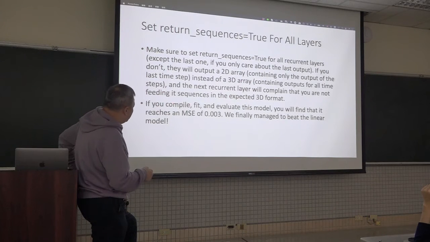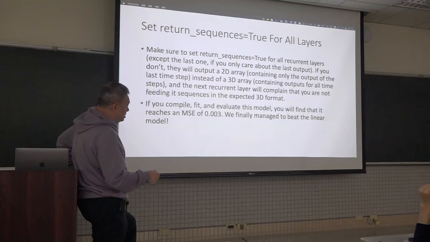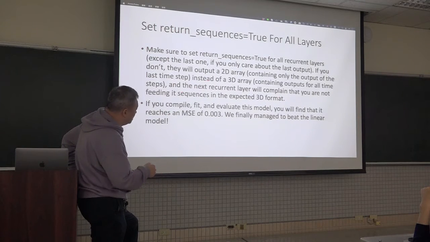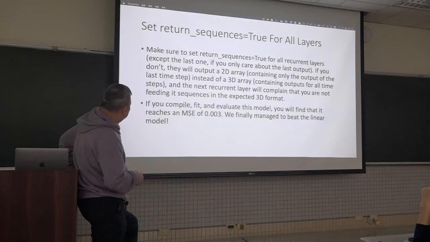So if you compile, fit, and evaluate this model, you are going to get an MSE of 0.003. This one is better than not only naive forecasting but also the perceptron model, right? So this one we finally beat the linear model.